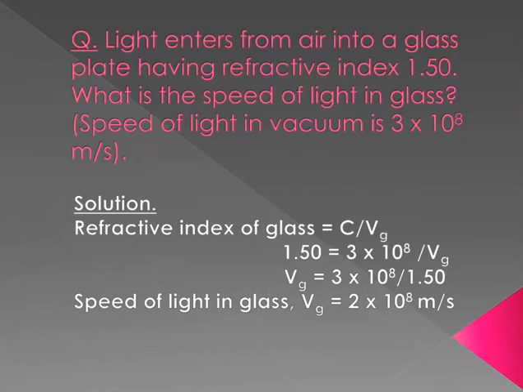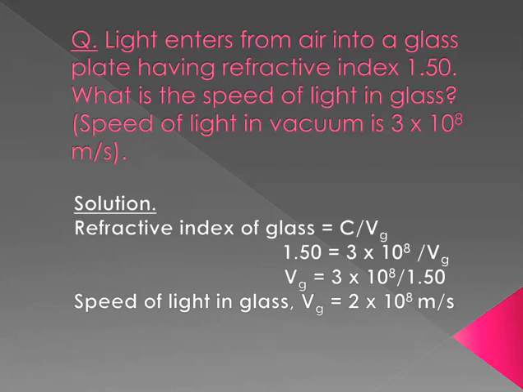One question which is based on the formula of refractive index: light enters from air into a glass plate having refractive index 1.50. What is the speed of light in glass? Speed of light in vacuum is 3 into 10 to the power 8 meter per second.